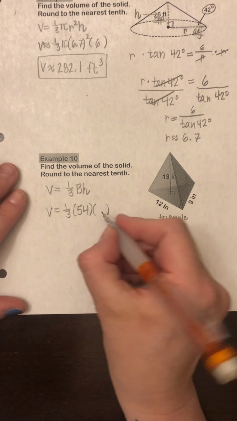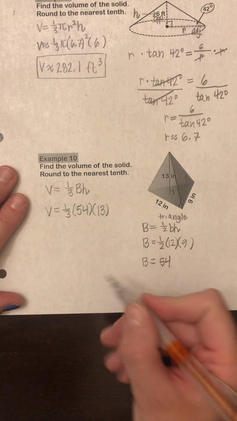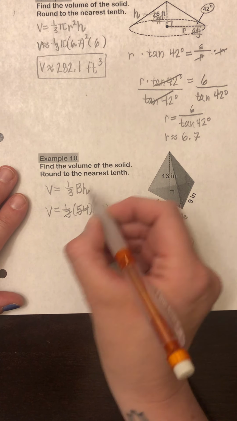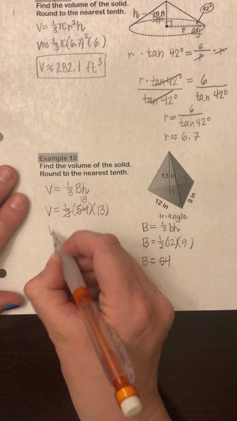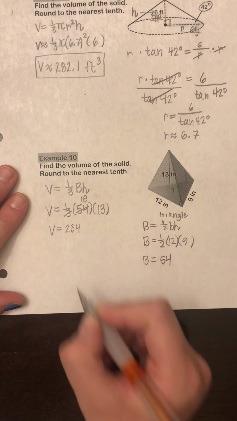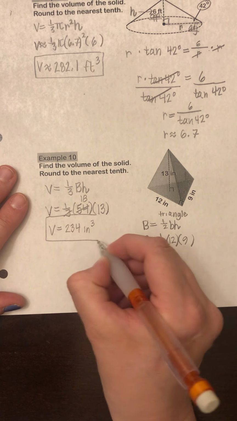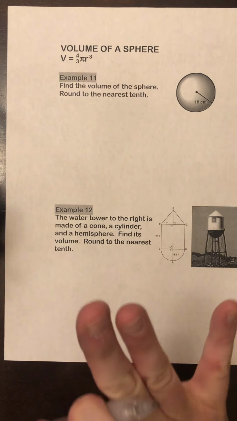Right there, 13 inches. All right, I'm gonna start by cross canceling because 3 can go into 54 18 times, and 18 times 13 is 234, and my units are inches cubed. So that one was also a pretty easy problem.